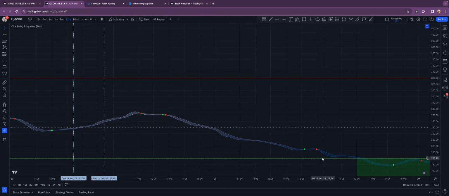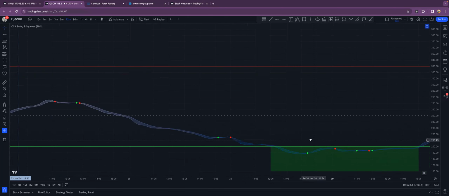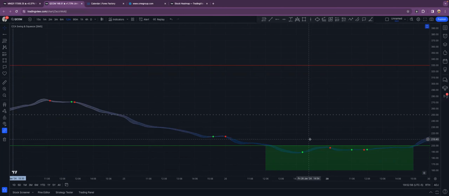So you see this green line here, and the red line here. Once the swing goes below or above that line, that's when this box shows up. Once it goes below the green line, see this green line right here? Yes, once the swing goes below that, that's when it starts showing up.